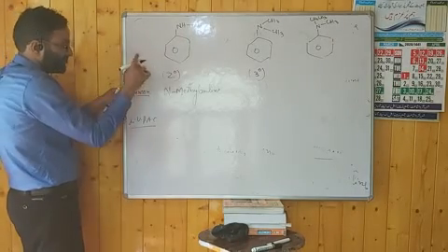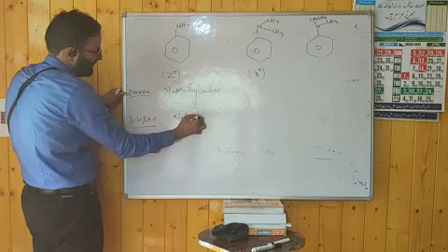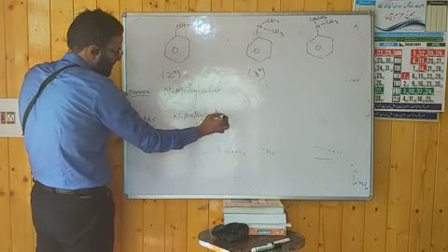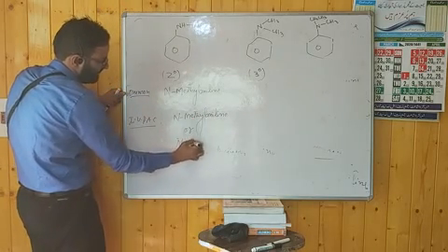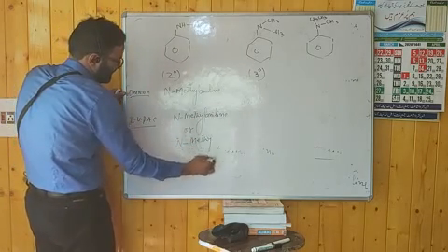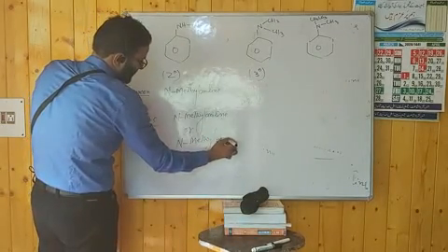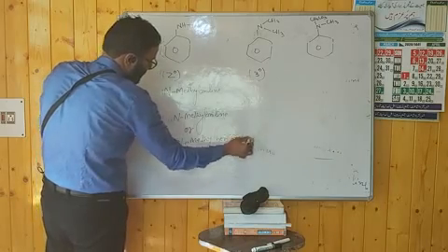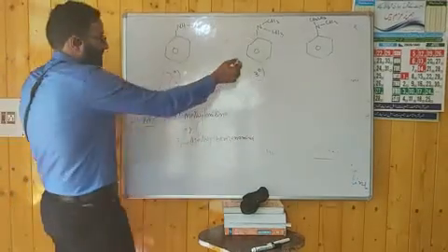It will also be its IUPAC name, N-methylaniline with respect to aniline, but its second IUPAC name will be N-methylbenzenamine. This is the alternate IUPAC name.